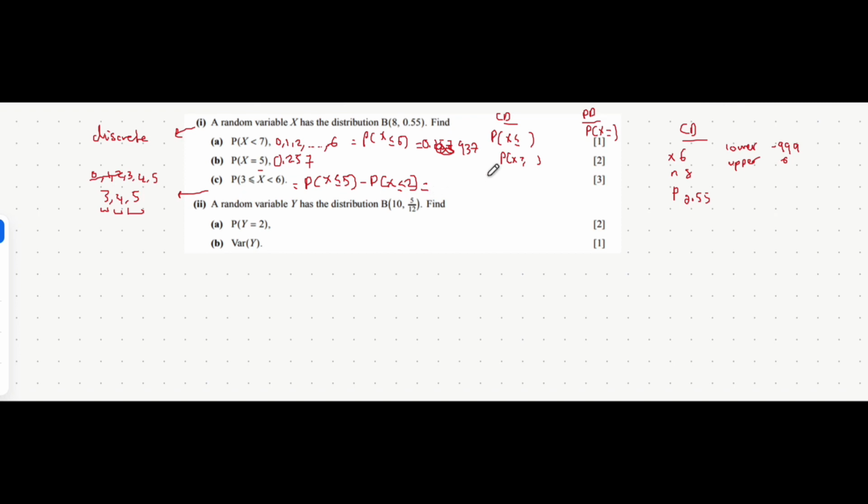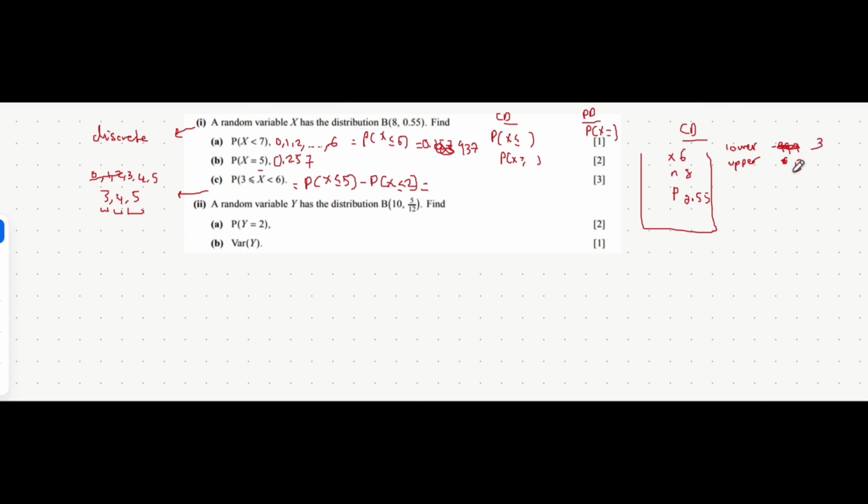So let's do that, and let's use the CD function. Once again, I'm going to go to menu, distribution, binomial CD, variable. First, I'm going to input x is 5. Mine is in this format, but there is an easy way to do this actually. If you have lower and upper, it's easier for you. You can just put your lower limit as 3 and your upper as 5.